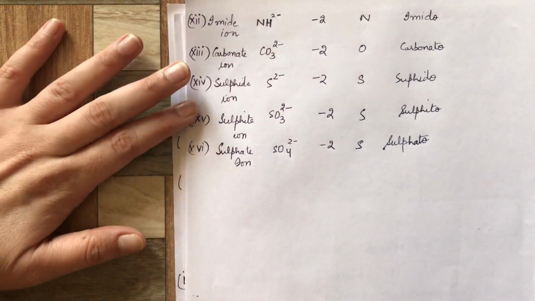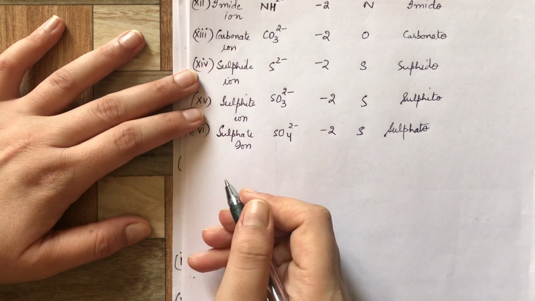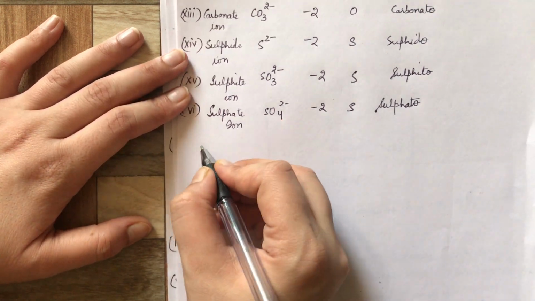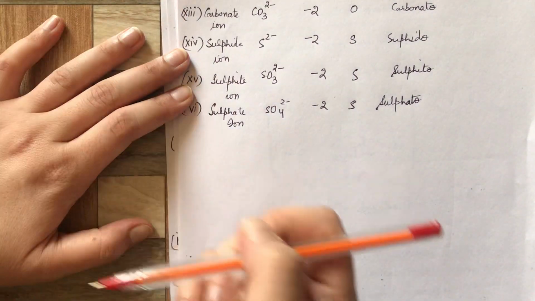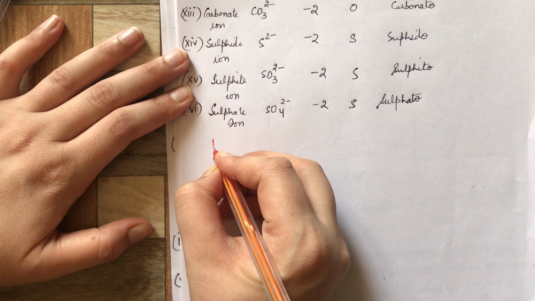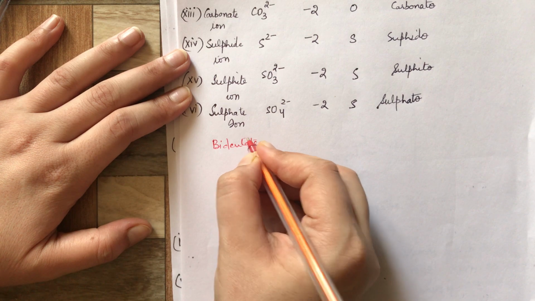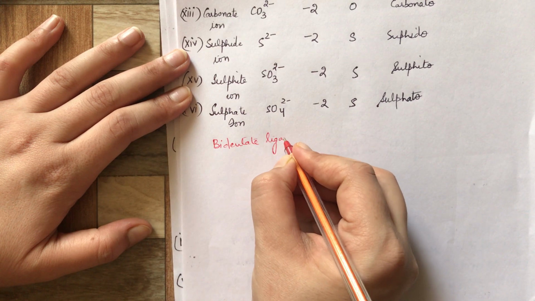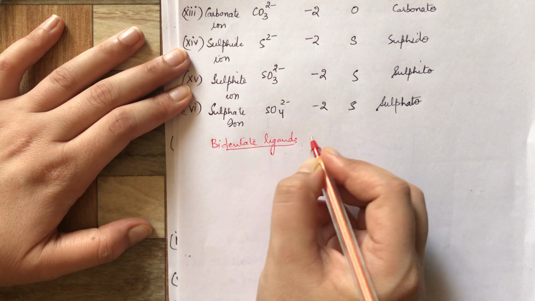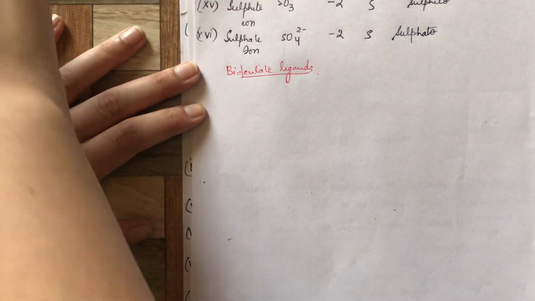Right, this is how we have talked about the unidentate ligands. Now we talk about the negatively charged bidentate ligands. Bidentate ligands means they have 2 donor atoms. Now let's discuss how it is.